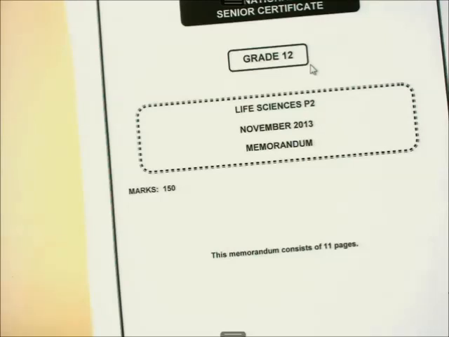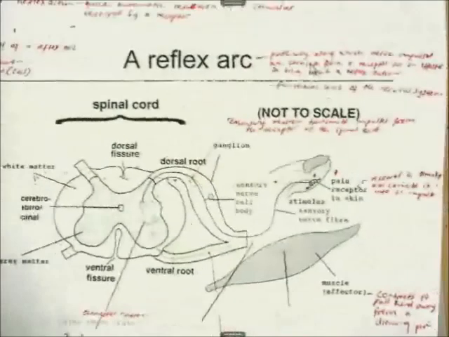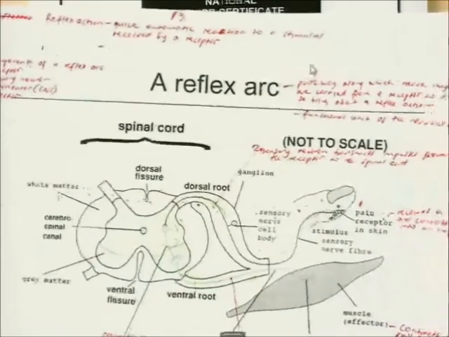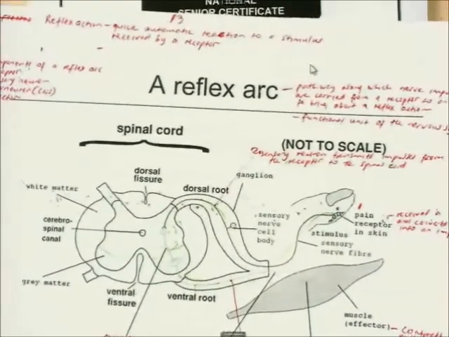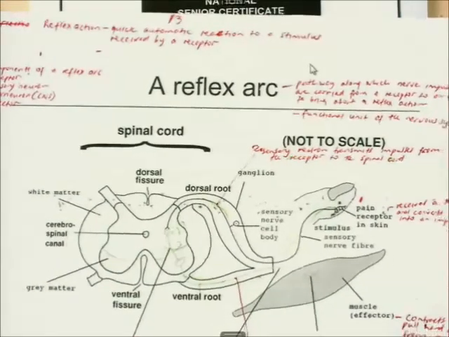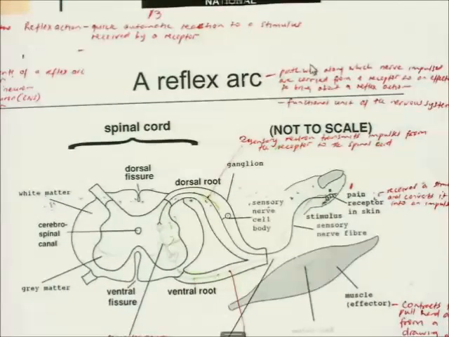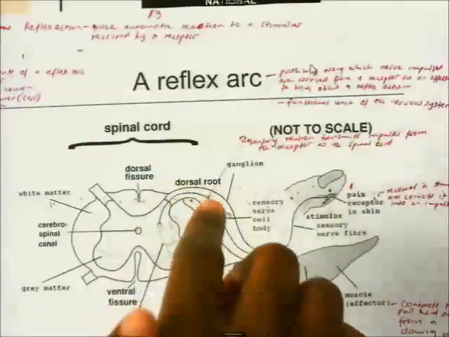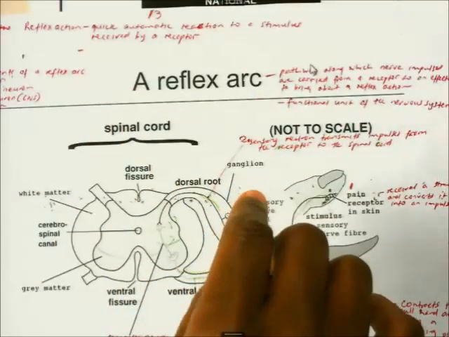So I think what we can do is try to recap a little bit on a reflex action and what is called a reflex arc. We said that a reflex arc is a path which is taken by what? By an impulse.